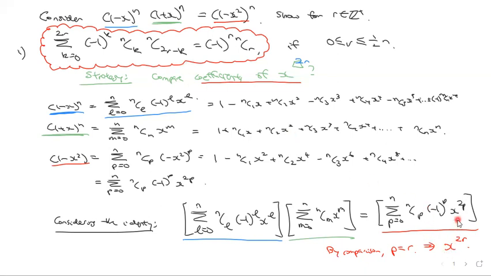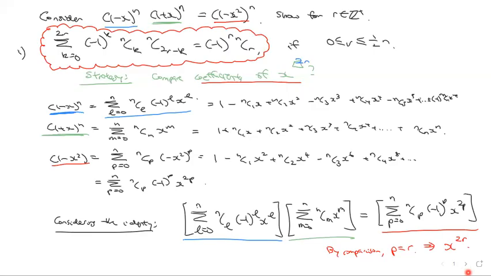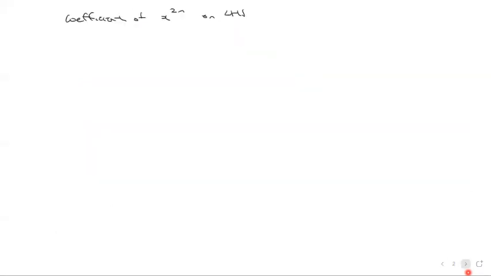Okay, so this is x to the power of 2r. We now need the coefficient of x to the power of 2r on the left-hand side. Now we do need to, of course, copy out what we have. So we've got the sum from NCL negative 1.